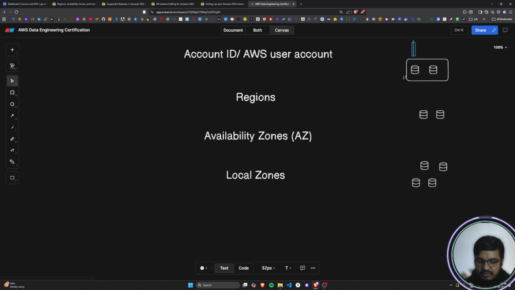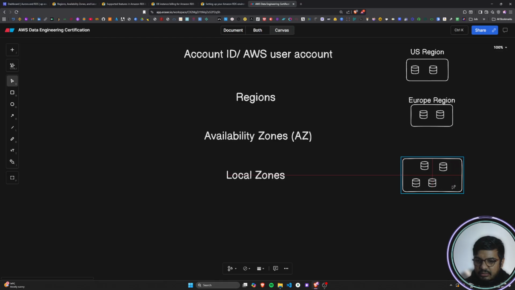Let's suppose this is in the US region, this is in the Europe region, and these are in the Asia Pacific region.